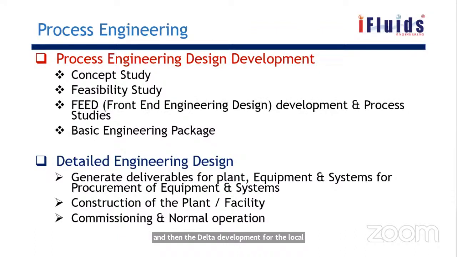All these things will be studied, and then the government will give permission for these industries. Whether it is feasible to put the industry in Punjab, and then they need to make a profit also, right?